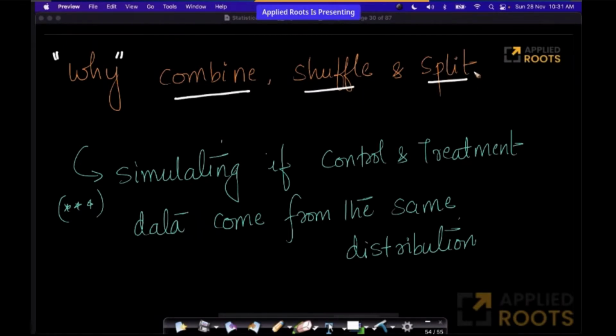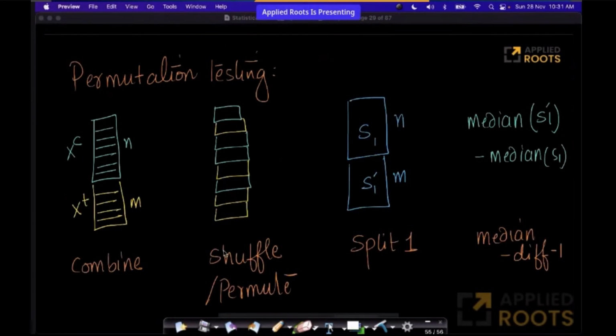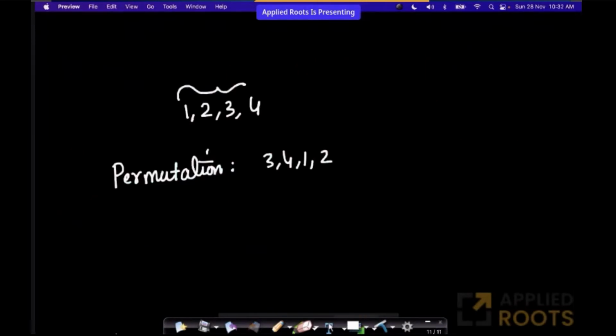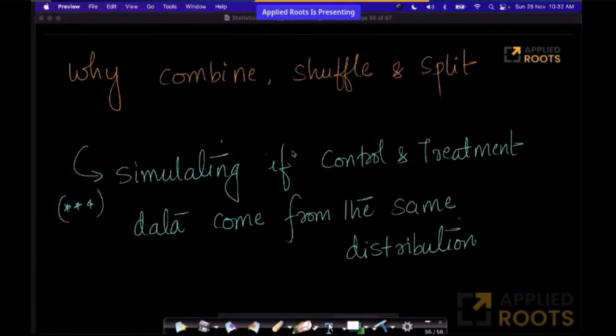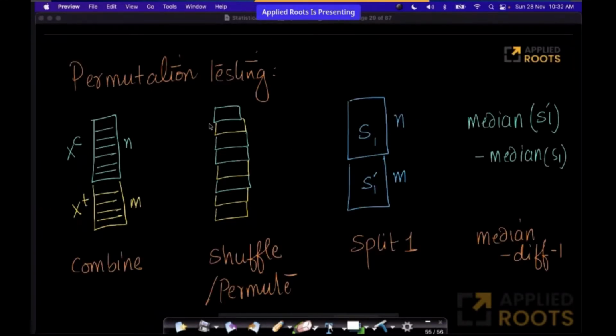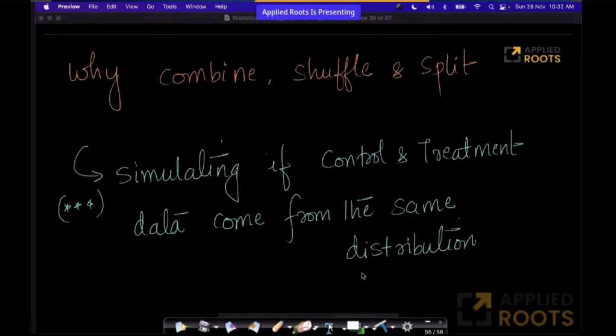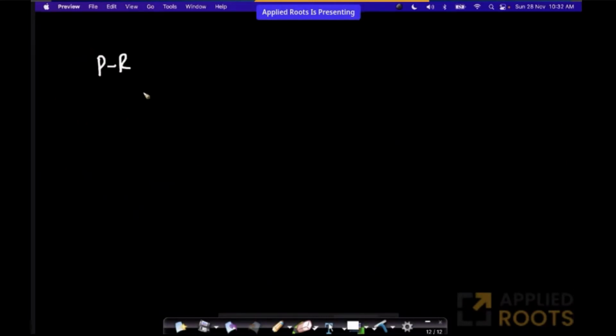Why are we doing this whole headache? Till now, what I've explained is how it is done, but why it is done is also very important. So let's try to understand that.